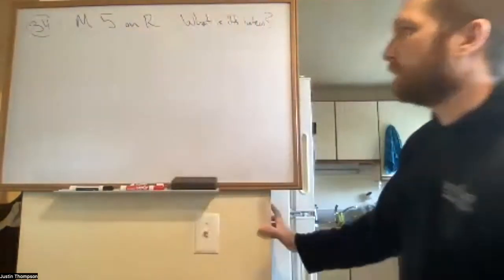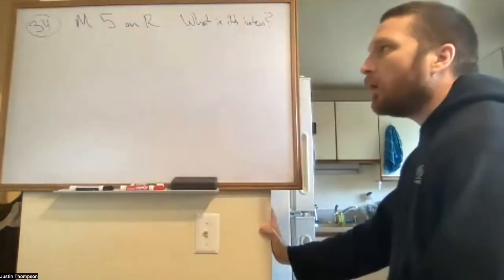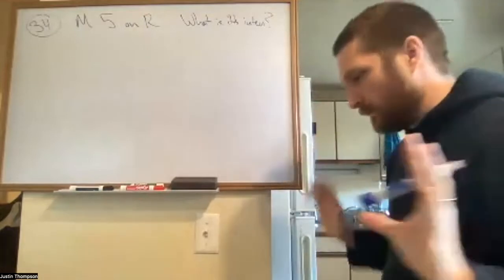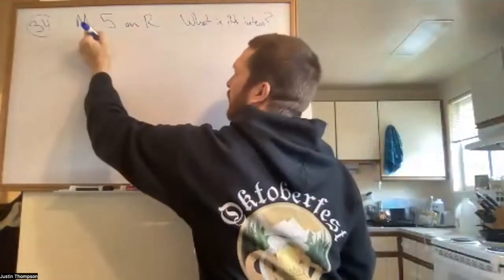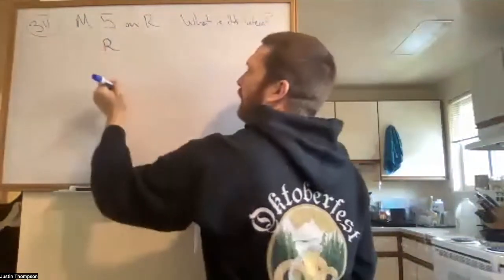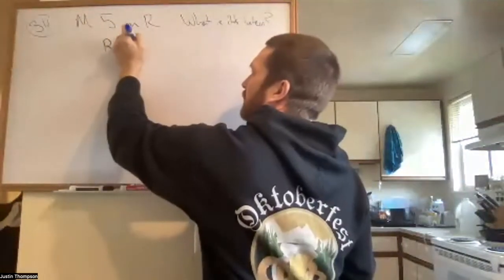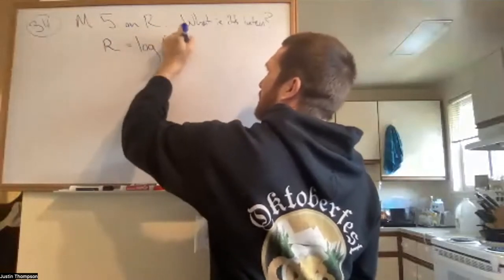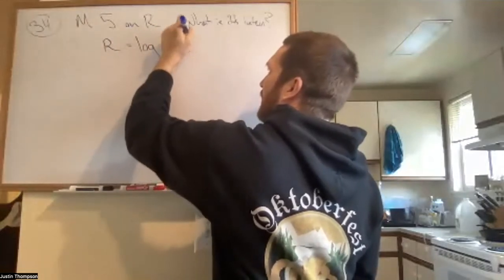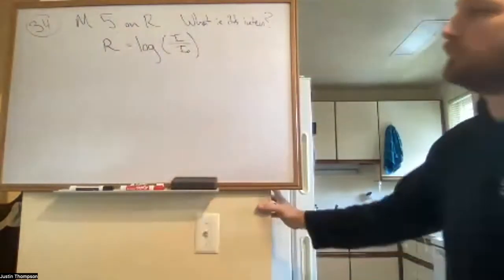So I'm just going to think about this. I'm not going to use my brain at first. I know that the magnitude on the Richter scale, I'm just going to write down the formula. It's the intensity divided by that intensity there.